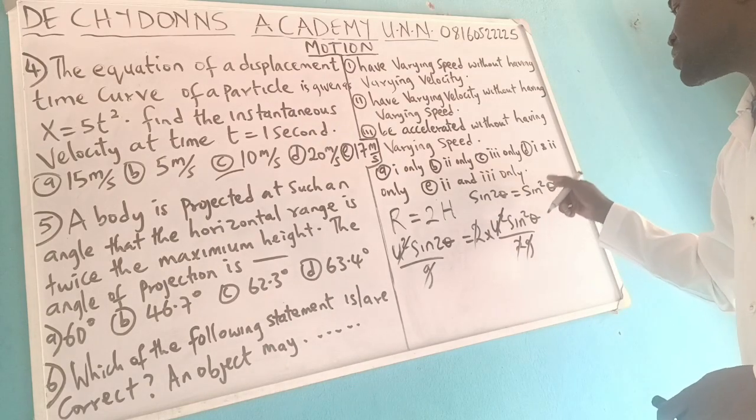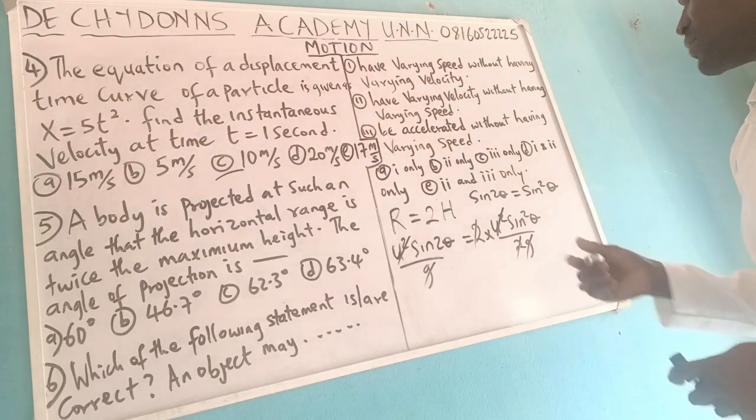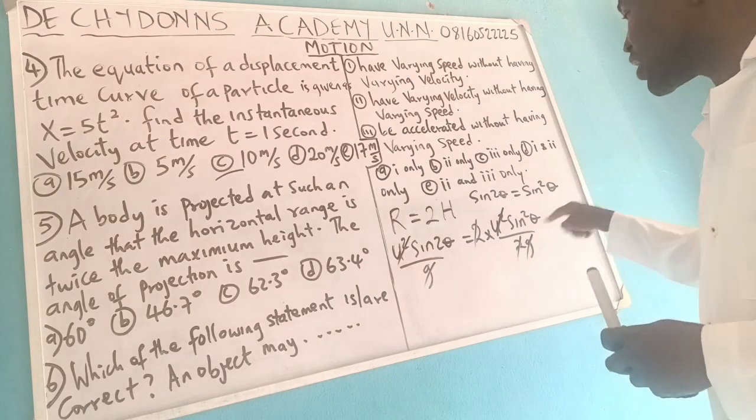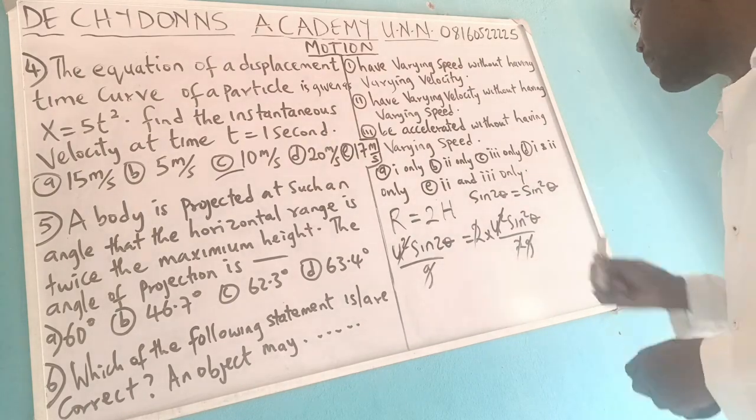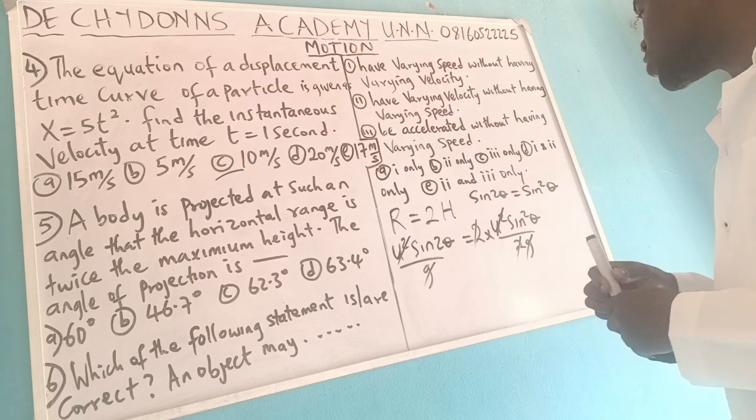Sine square theta means sine theta times sine theta, right? Now we have to solve these ratios and make theta the subject. How do we do that? Okay, let's solve it.